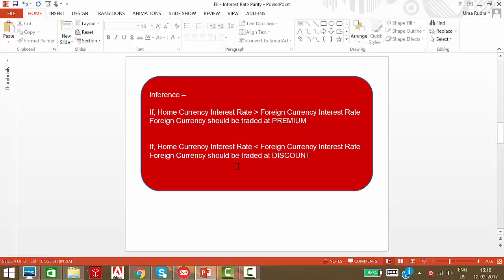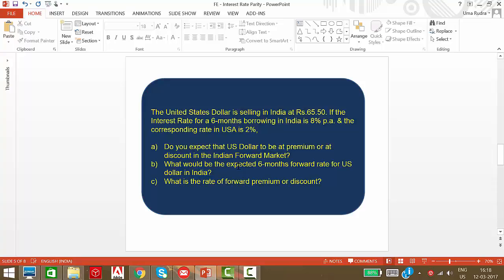Let me show you one illustration. United States dollar is selling in India at rupees INR 65.50.